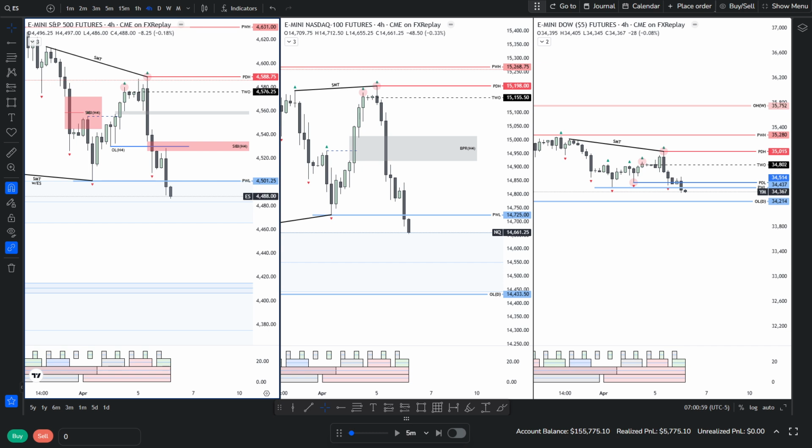Okay. The market then displaced lower aggressively. Okay, so ultimately supporting lower prices. So now we're at the game plan stage.